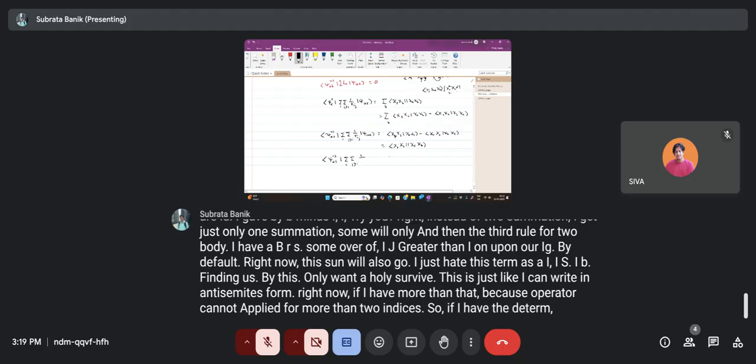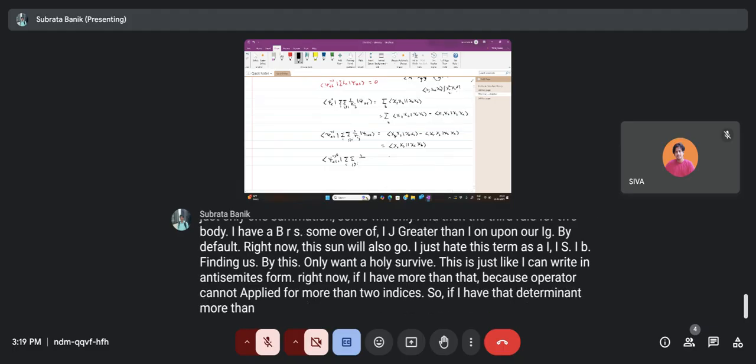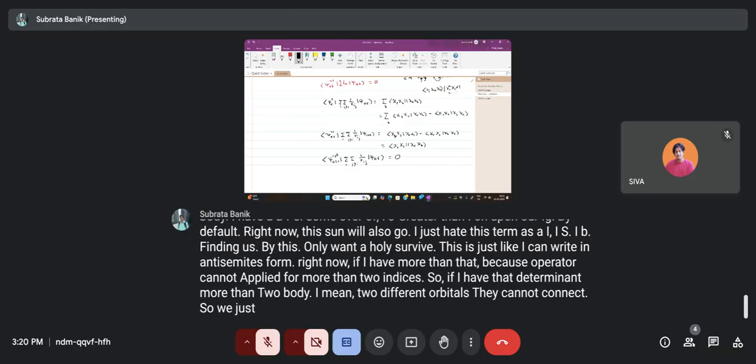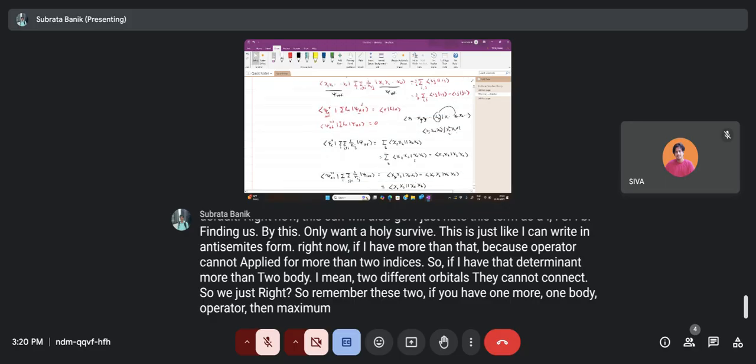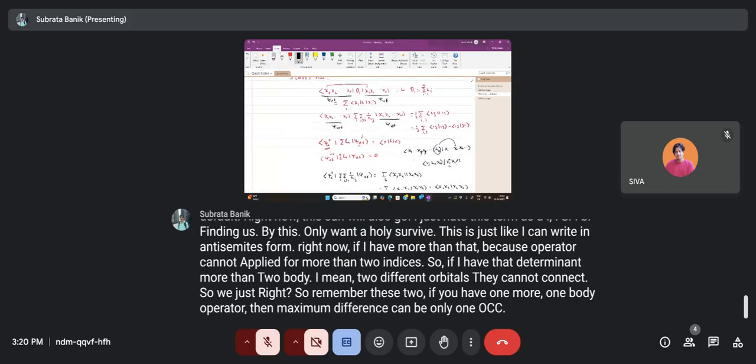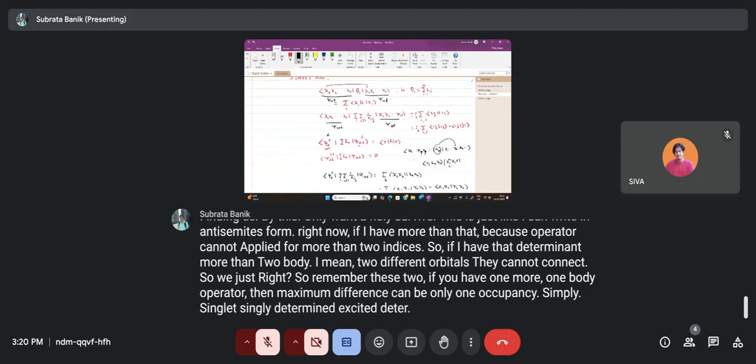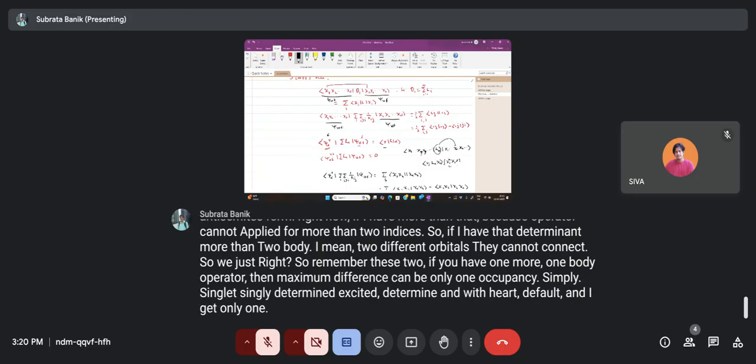So if I have determinants that differ by more than two different orbitals, they cannot connect, so we just leave it zero. So remember these two. If we have a one body operator, then the maximum difference can be only one occupancy, a singly excited determinant with Hartree-Fock, and I get only one term. More than that, it will be zero.